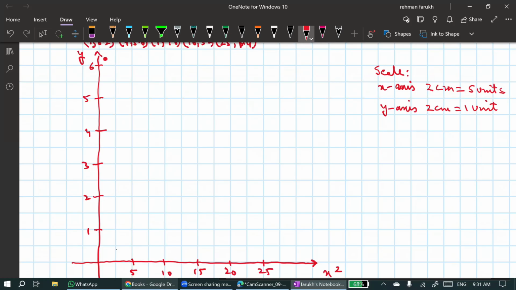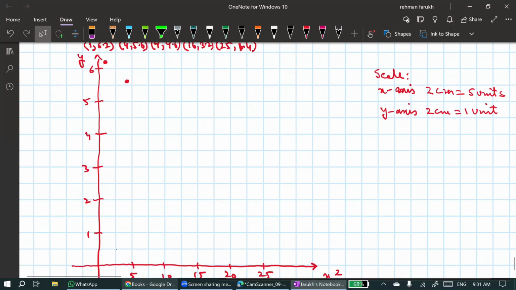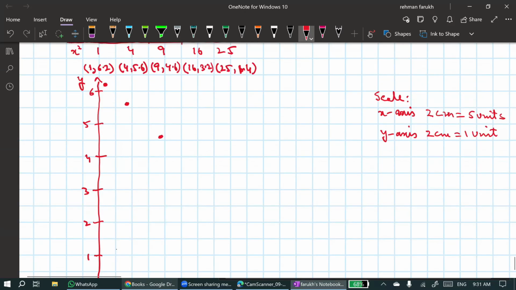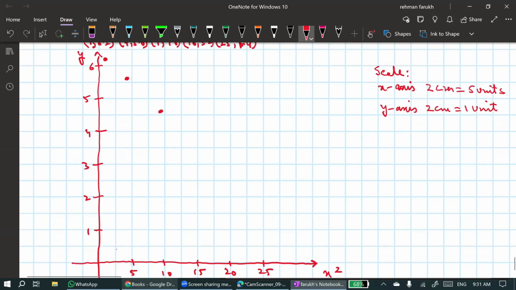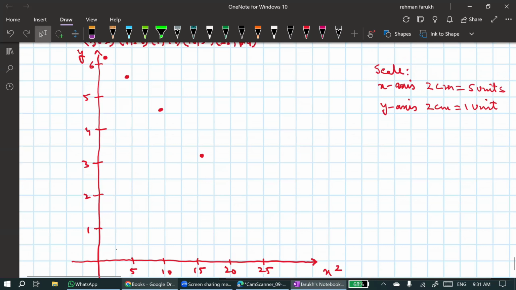The next point is 9 and 4.6. Then 16 and 3.2, and 25 and 1.4.